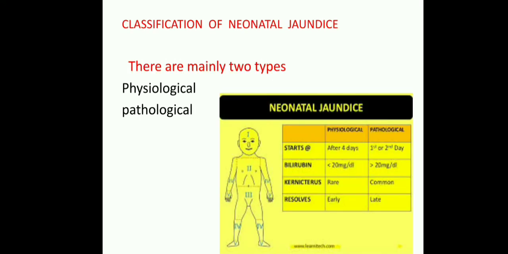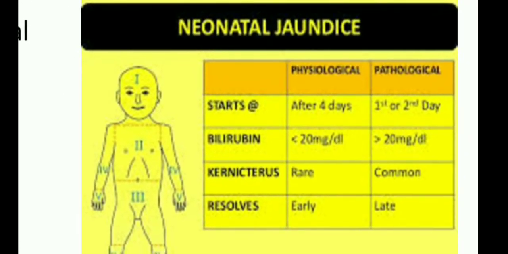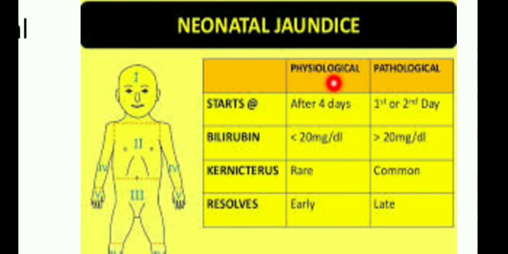Coming to the classification of neonatal jaundice, it is classified into mainly two types. The first one is physiological jaundice and the second one is pathological jaundice. Look at this picture here. This is physiological jaundice, and this is pathological jaundice.